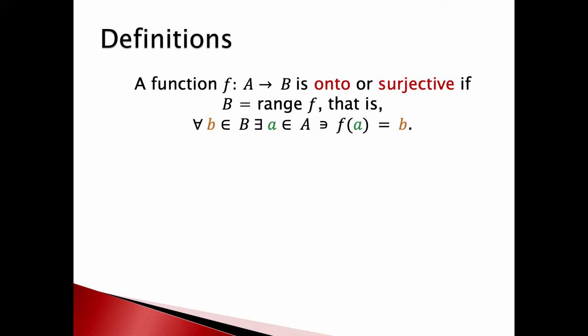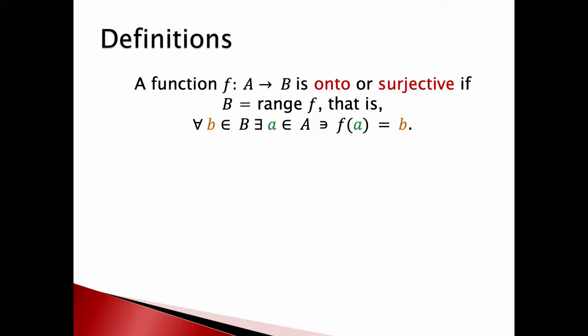In other words, when I say I have a function f from A to B, if that B actually is the entire range. So for every little b inside the set B, there is a little a back in the domain, so that f of little a is equal to little b. One way of looking at that from the graph is that every y value gets hit.